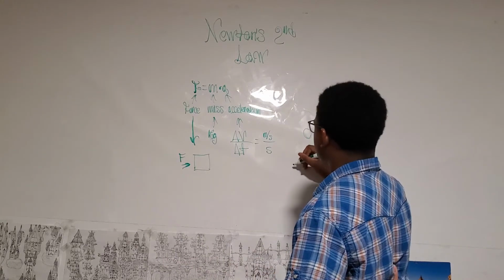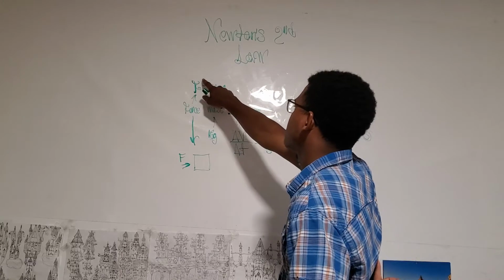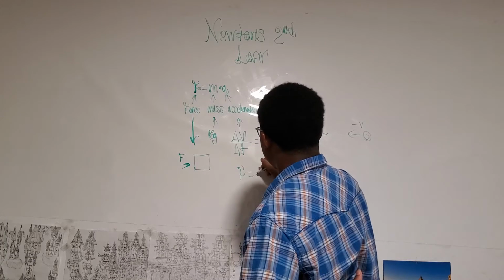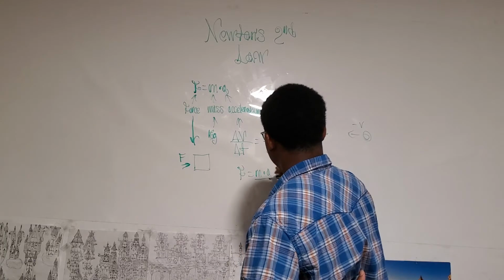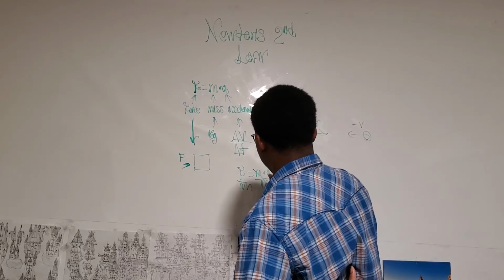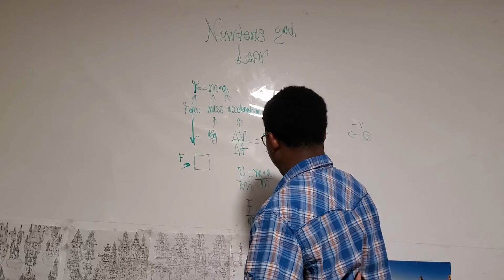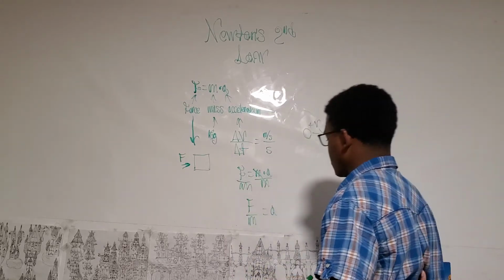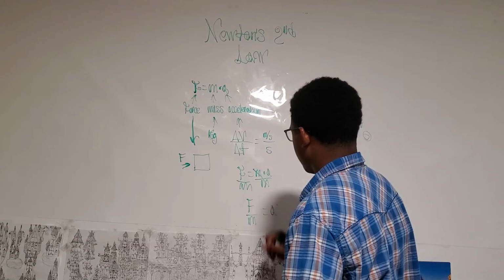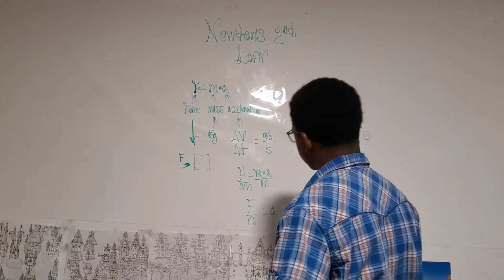Now, the cause of acceleration is the force. And here's why. When I rearrange this algebraically, right, dividing by m on both sides of the formula, we get F over m, force over mass, equals acceleration, indicating that a is directly proportional to F. Acceleration is directly proportional to force.